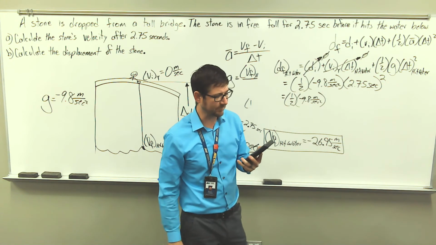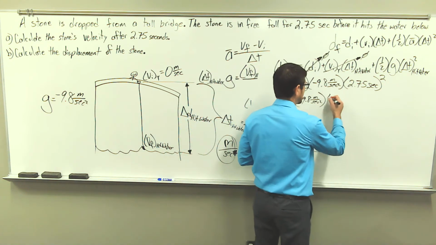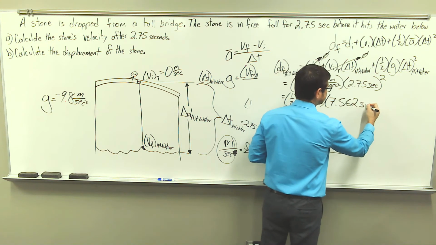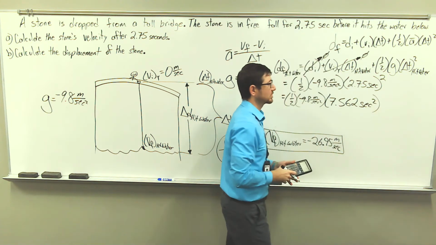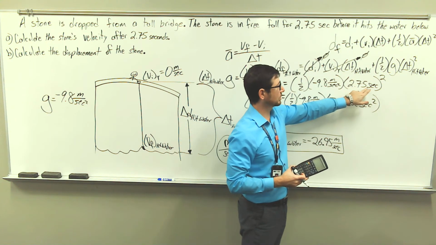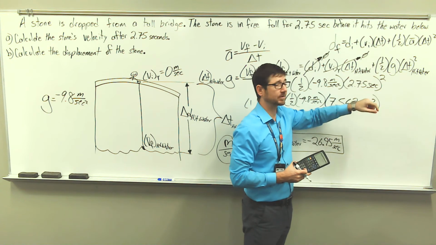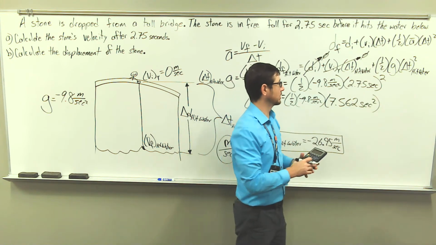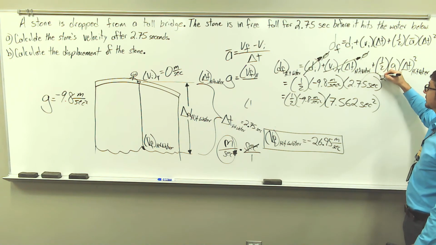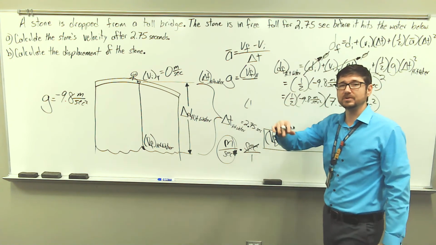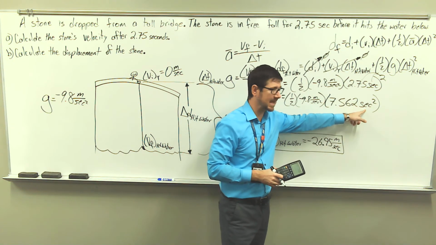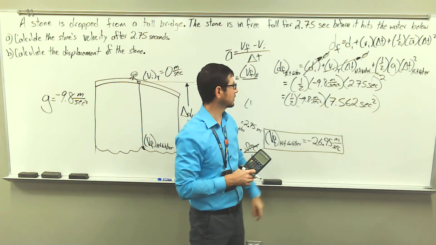So 2.75 squared is 7.562 seconds squared. One thing that I do want to remind you here, when we have a numerical and a unit value squared, we have to square both of them. So not only are we squaring our numerical value, we also have to square the unit value, and that's where we get the 7.562 seconds squared, okay?